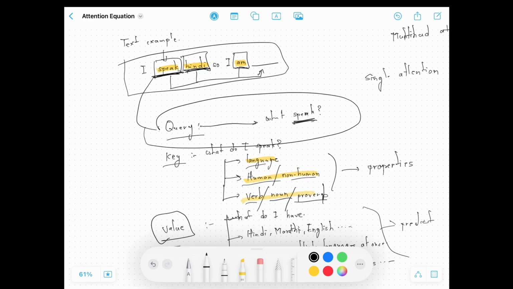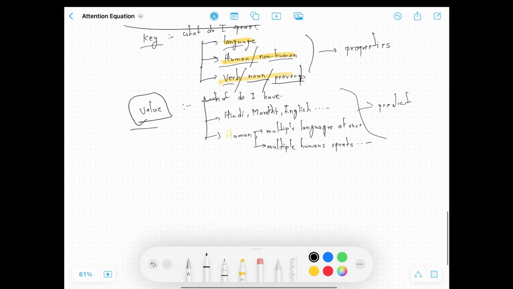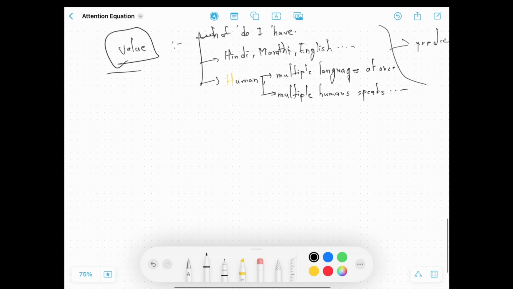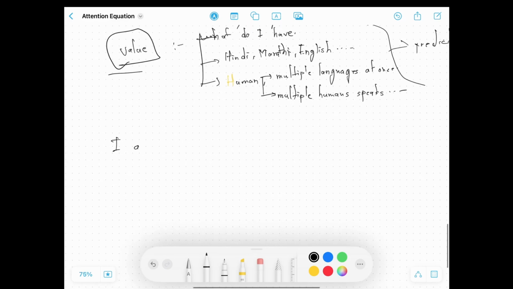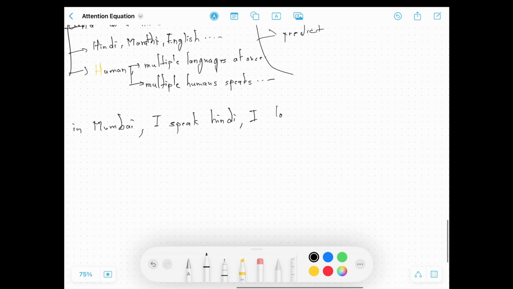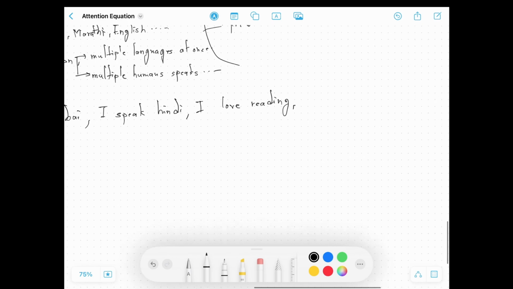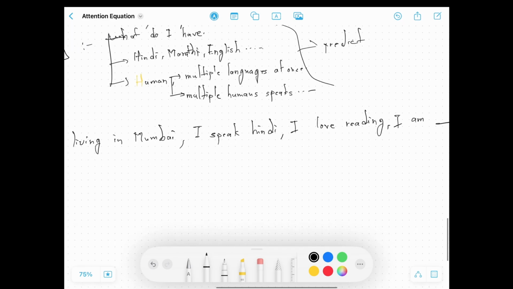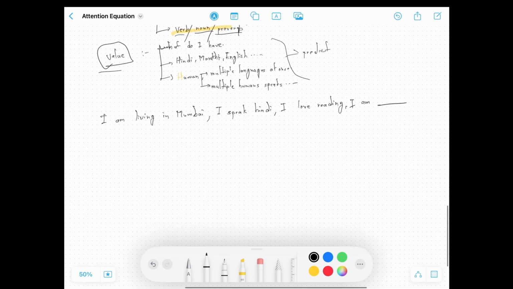But what happens is, when we have the context which is pretty large and we have multiple things such as, let's say, I am living in Mumbai, I speak Hindi, I love reading, I am dash. So I'm just giving you example.